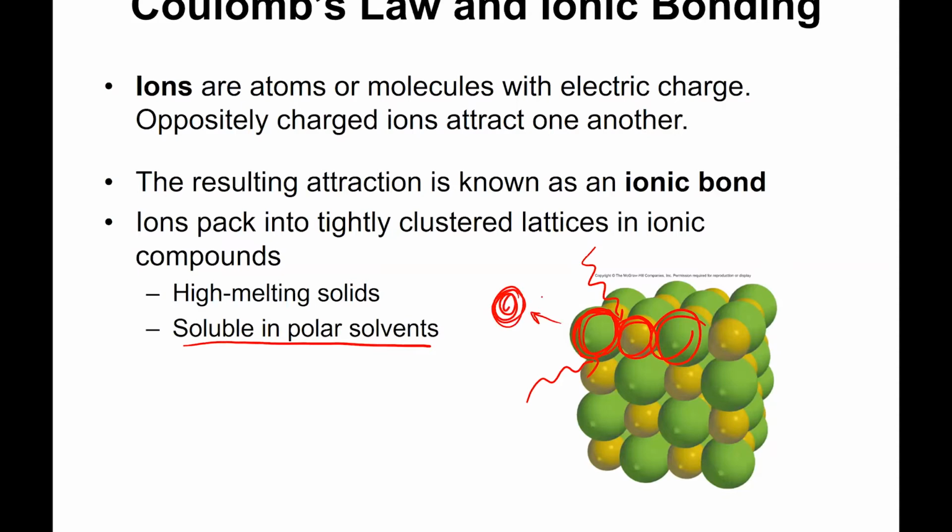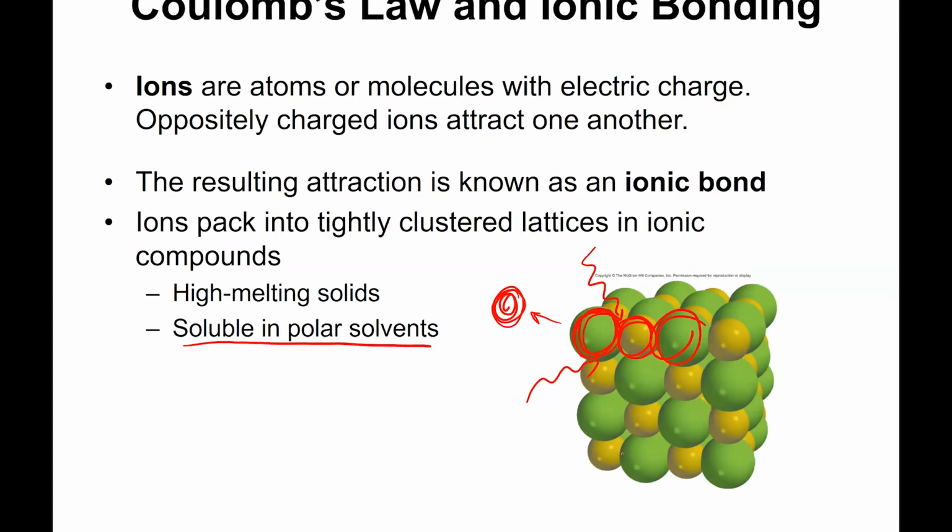And if you are very tightly packed with ionic bonds, that means they are very strongly connected and it is hard to separate off from a solid to a liquid. That means that you have a high melting point. It's going to take a lot of energy to separate these bonds.